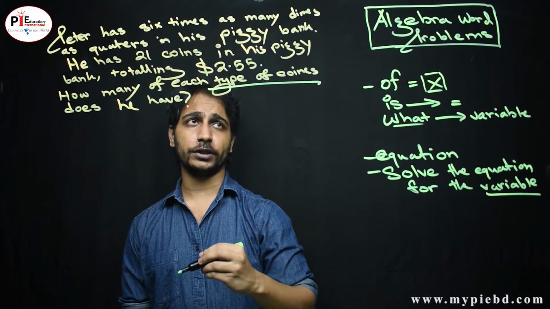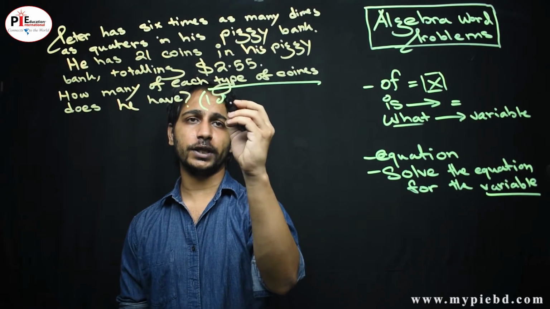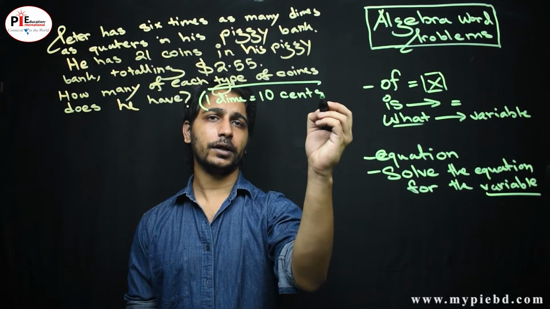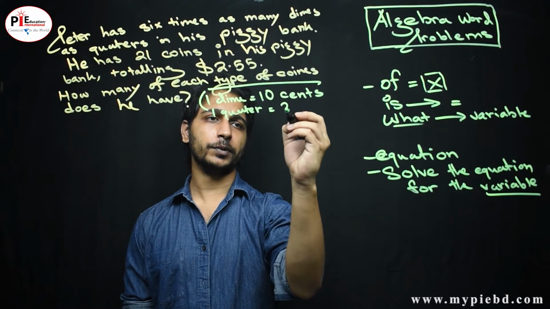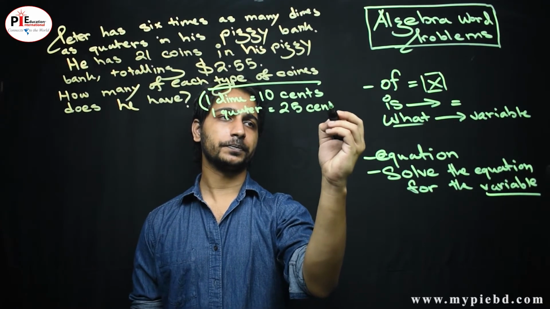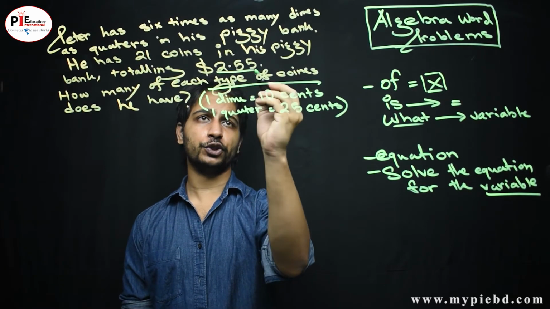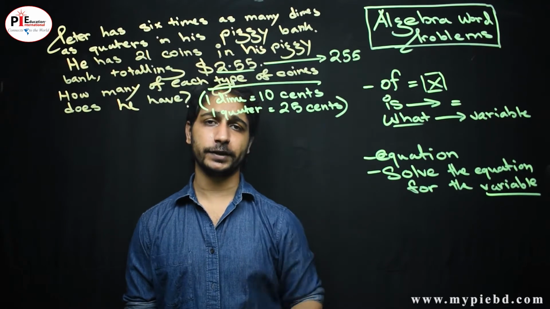Alternatively, one of the pieces of information that they give you is that 1 dime is going to be 10 cents and 1 quarter is going to be 25 cents. And remember, 100 cents make $1. So this $2.55, for example, would be 255 cents.